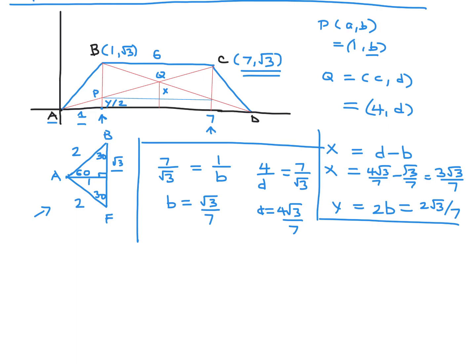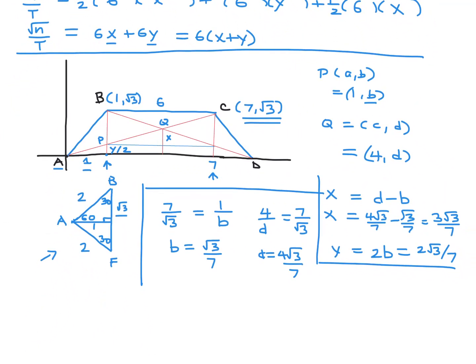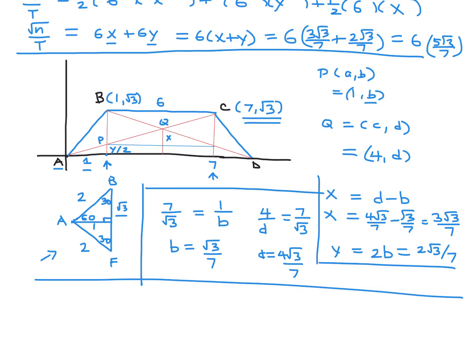And then finally, what do we need to figure out here? Let's see here. Oh yeah, we got to go back here. This guy here. So that means that's 6x plus y. So we have 3 root 3 over 7 plus 2 root 3 over 7. And that's 6 times 5 root 3 over 7. Okay, so I'm running out of space, so I'll just do it down here.